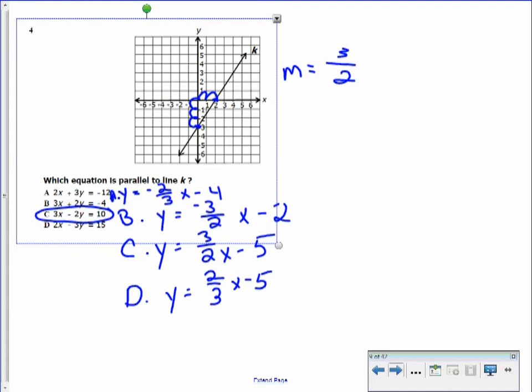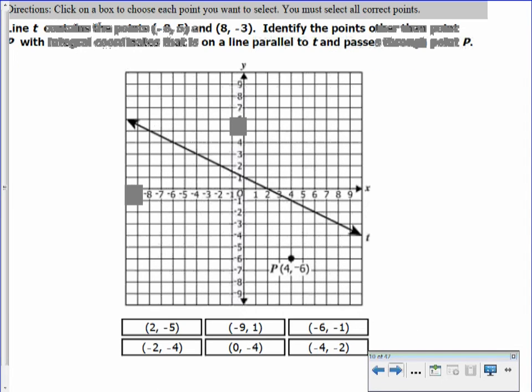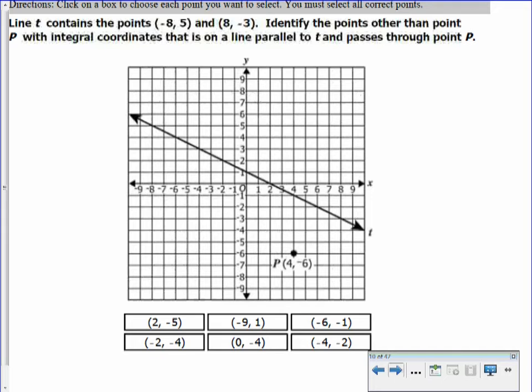Last one, they tell us that we have points -8, 5, and 8, -3. They want us to identify the points other than point P with interval coordinates as non-parallel, parallel, and so on. What do we need to know here? Well, we of course need to figure out our line, because we want to figure out what is parallel. We need to figure out the slope so we can have a slope that is the same.